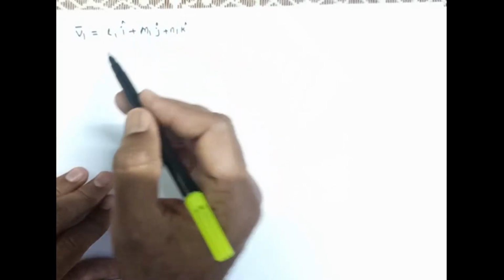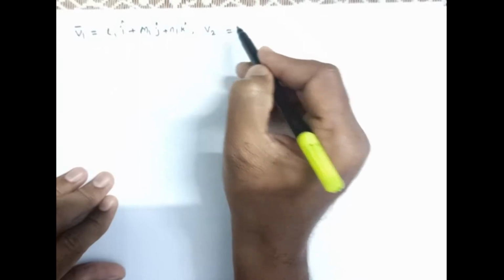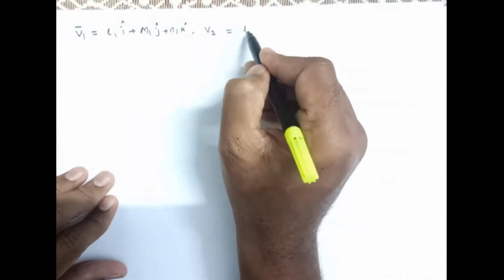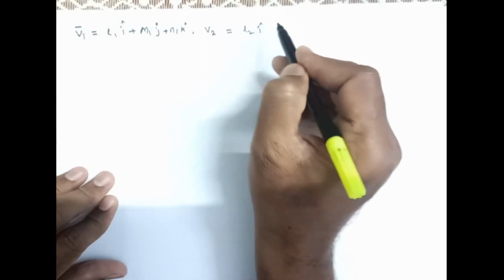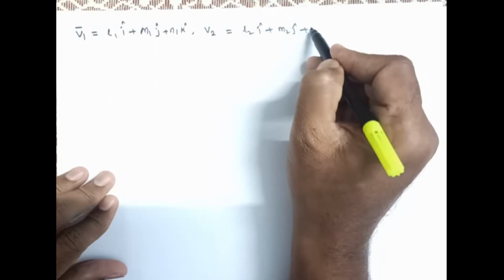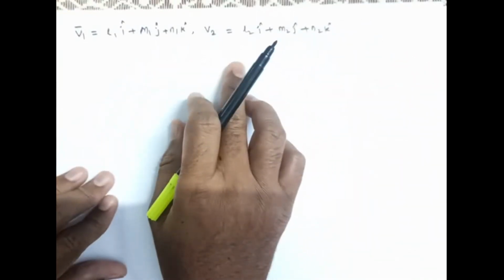This is the one vector, and let us take another vector v2 is equal to L2 i plus M2 j plus N2 k. These are the two vectors.